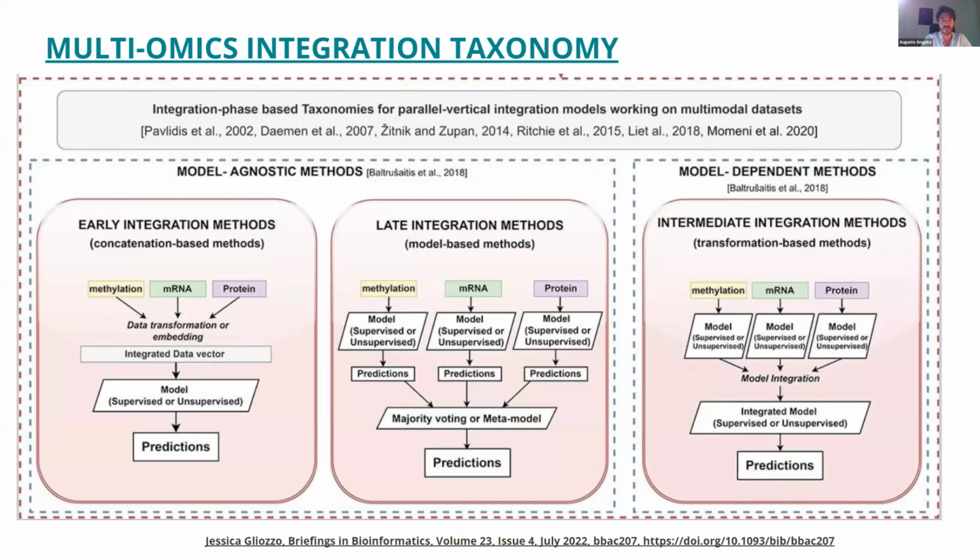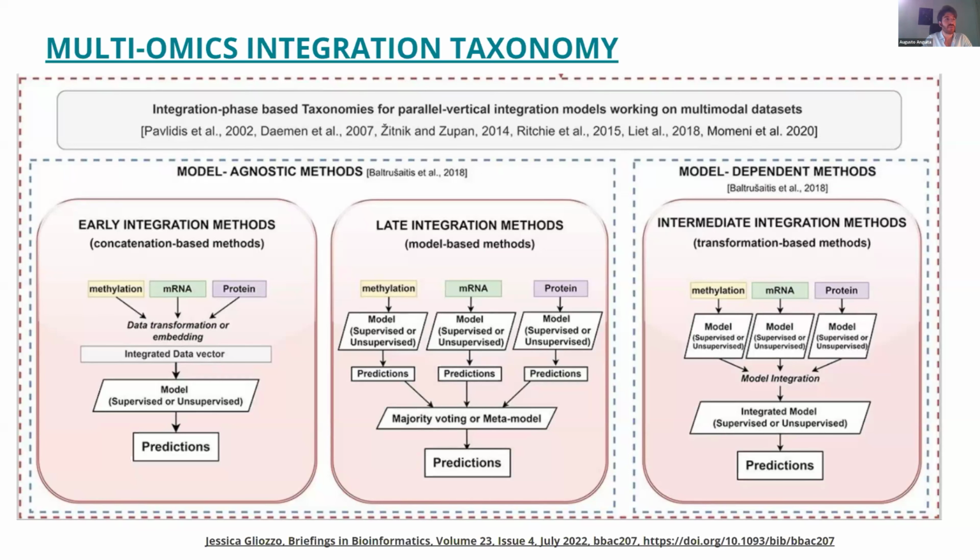The basic one is the early integration method, where, let's imagine that we have 3 matrices of data, and we just concatenate them all, and we end up with a single matrix with all the heterogeneous data, and we will apply, after proper normalization and standardization of all this data, a single model to extract either predictions or clusters. It doesn't matter if our purpose is prediction or an unsupervised approach.